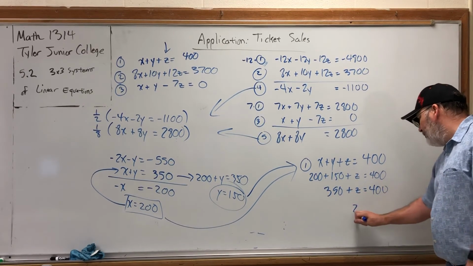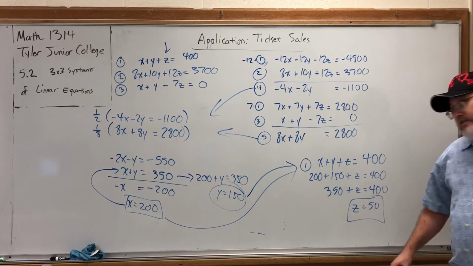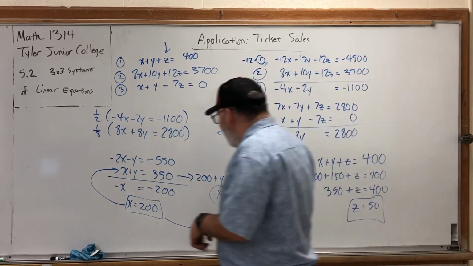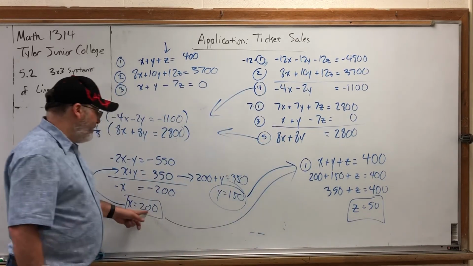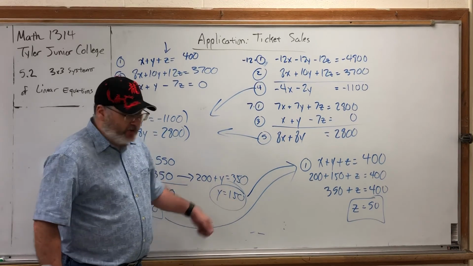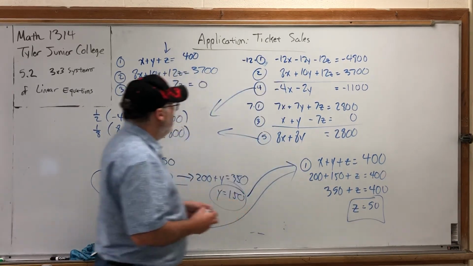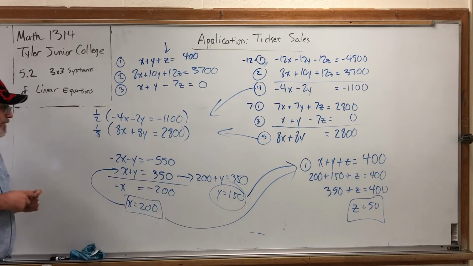Subtract 350 from both sides, 50. So the answer to the question, we had 200 of the cheaper tickets that were $8 each. We had 150 of the middle price tickets at $10 each, and only 50 tickets that were $12 each. We could check all three original criteria and they should be satisfied.